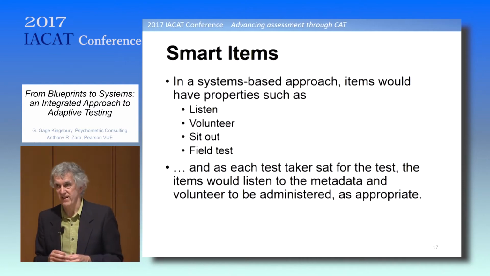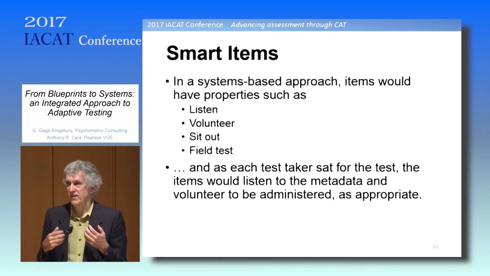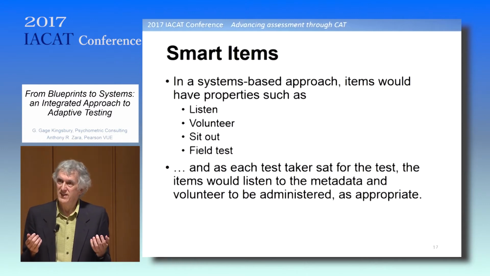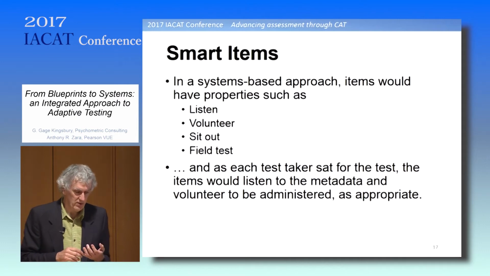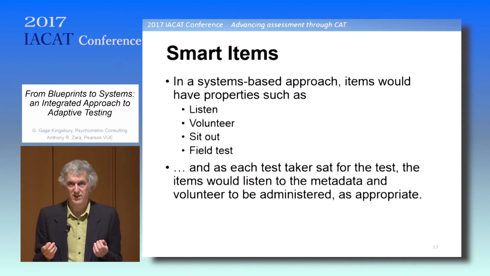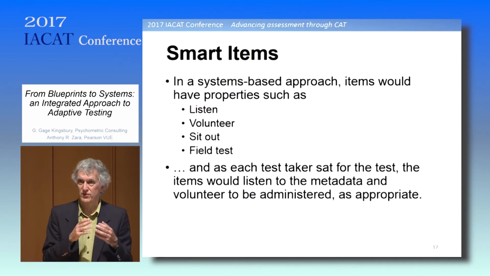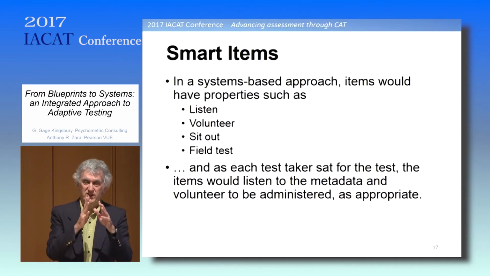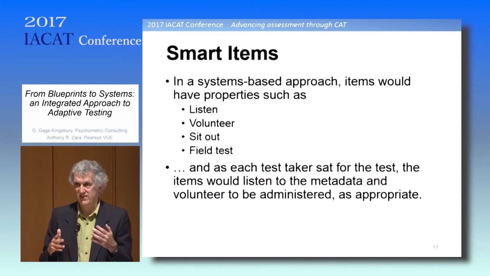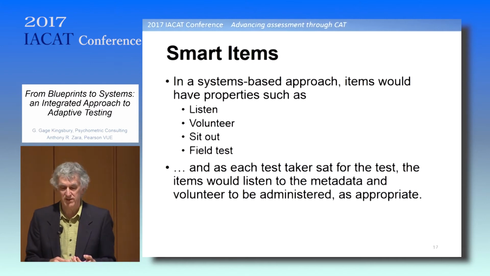It will be able to volunteer. So an item can say, administer me. It will be able to sit out. So if for some reason we've decided that an item shouldn't be administered in a particular location because it's been inadvertently exposed, it can sit out. And that's the choice of the item to do that.